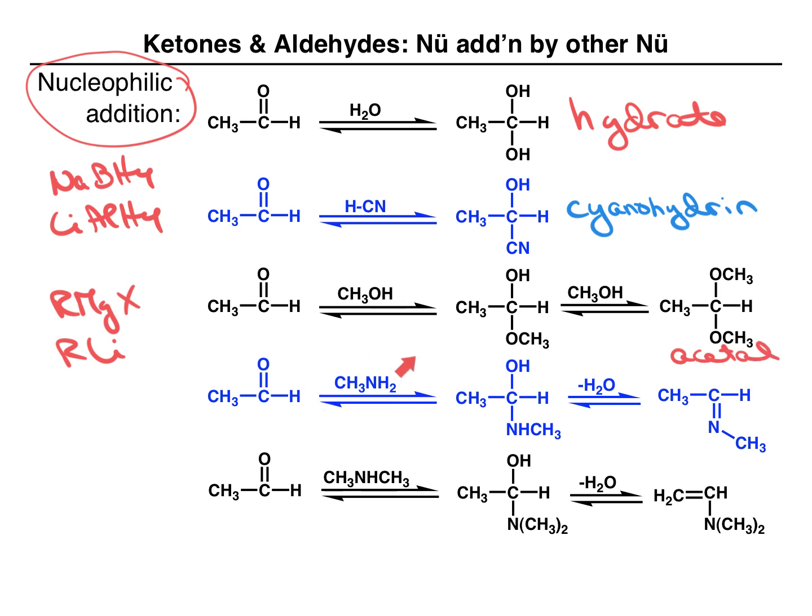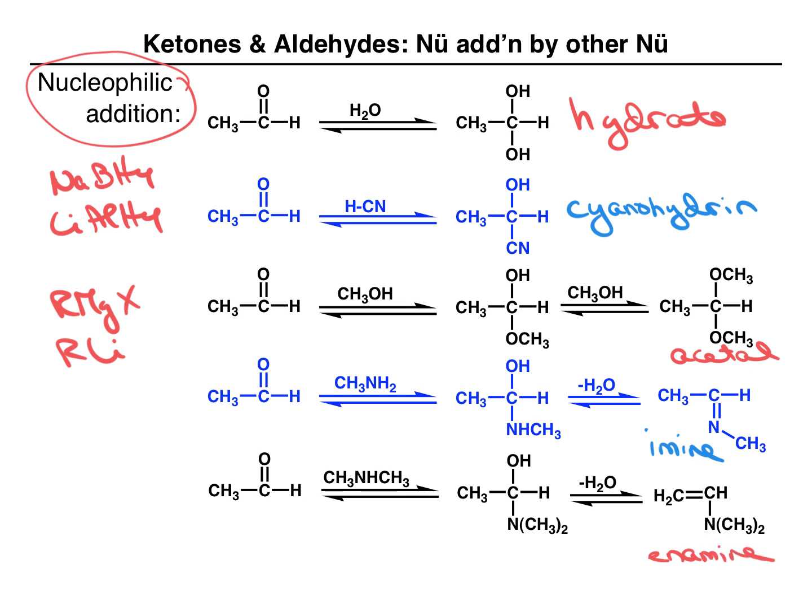A primary amine can react with aldehydes and ketones to form an analogous species, and then this will undergo the loss of water to form an imine. And a secondary amine will also act as a nucleophile with aldehydes or ketones, giving this intermediate, which also loses water, to form an enamine.